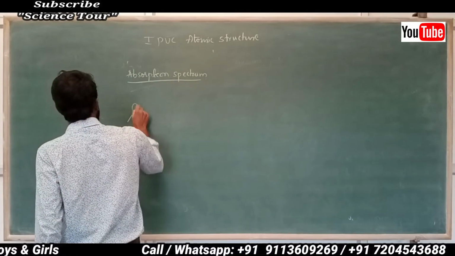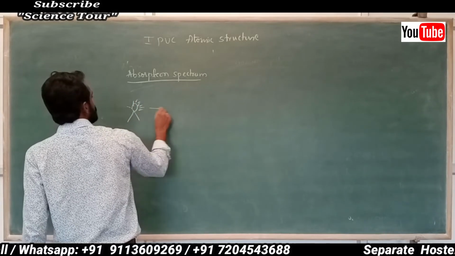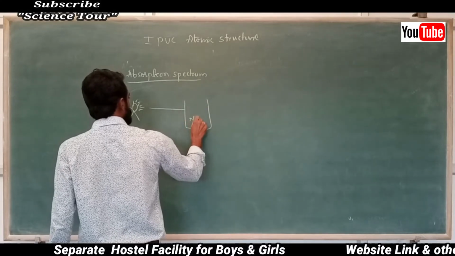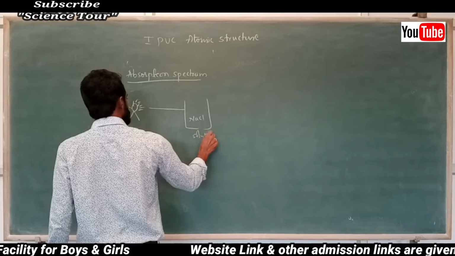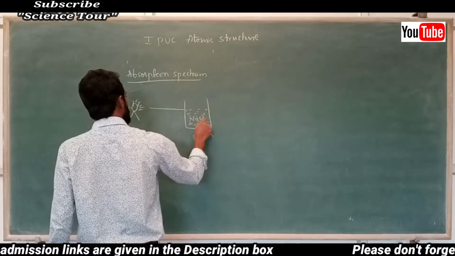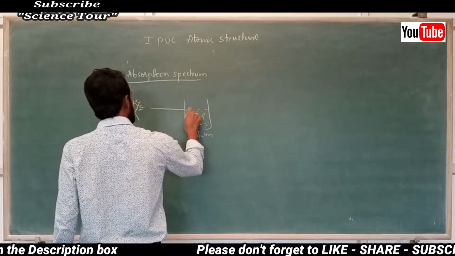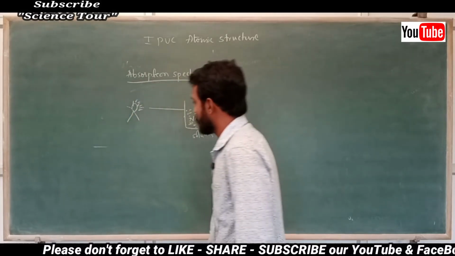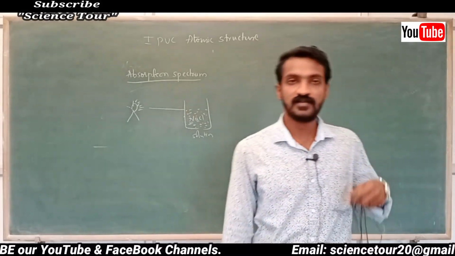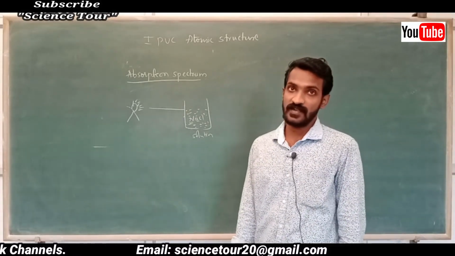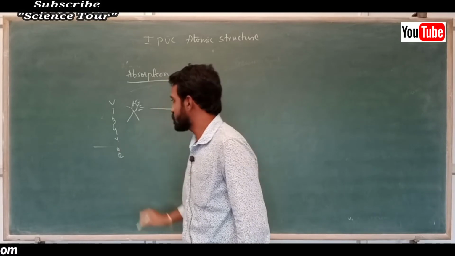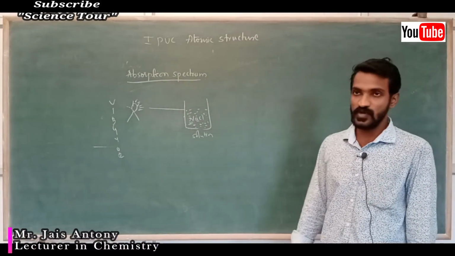When white light passes through a salt solution, for example a sodium chloride solution. You know that white light gives how many colors? It gives 7 different colors, VIBGYOR colors. It passes through a solution.